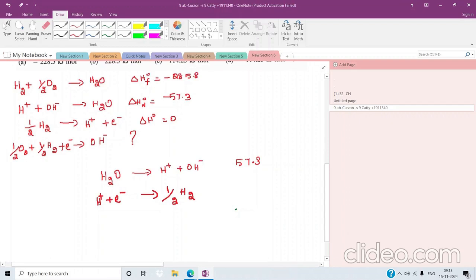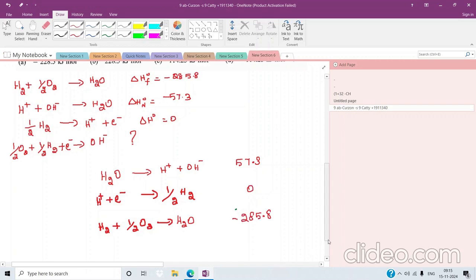For that, I am going to take that first equation: H2 plus half O2 gives H2O. It's not half H2O, it's H2O. I have taken that reaction as such, 285.8.